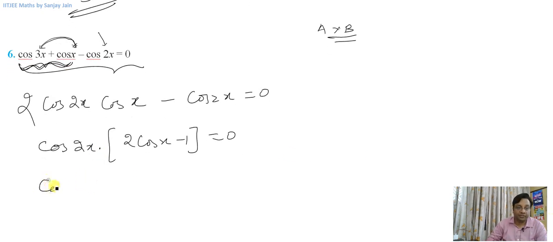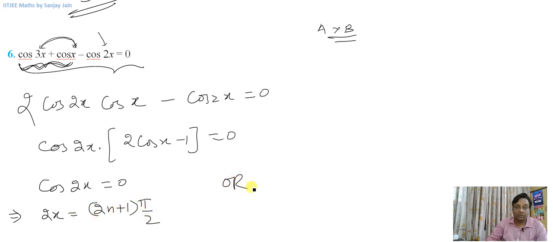Now this is in product form, so either cos 2x will be equal to 0, which will give me 2x equal to odd multiple of pi by 2, or 2 cos x minus 1 will be equal to 0, cos x equal to 1 by 2, right? And cos x equal to 1 by 2 means alpha I'll take as pi by 3.